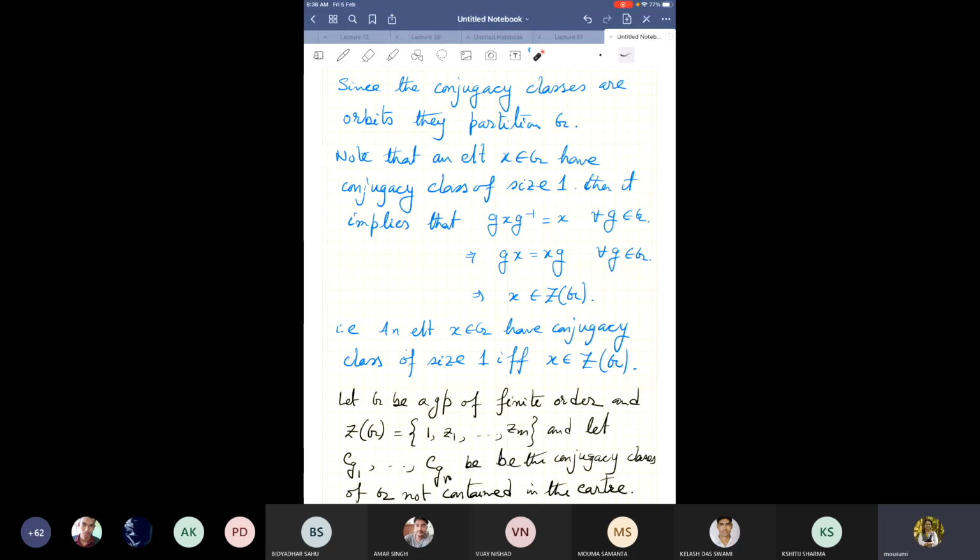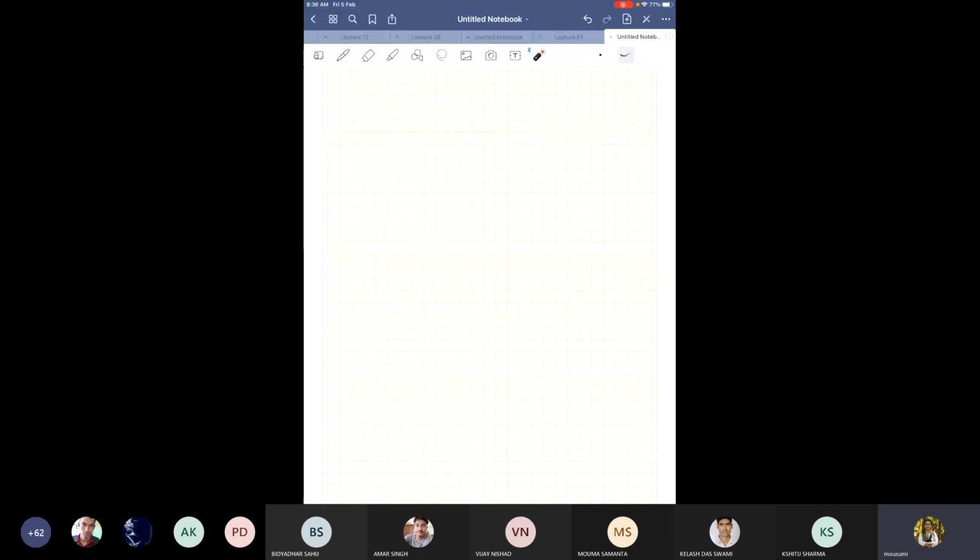I know that the set of all conjugacy classes partition G, right? Since G is a partition of all conjugacy classes, I can write G as a disjoint union of the conjugacy classes.